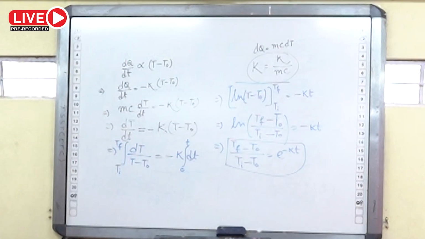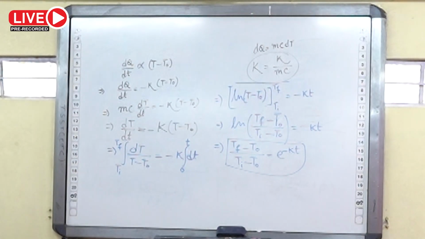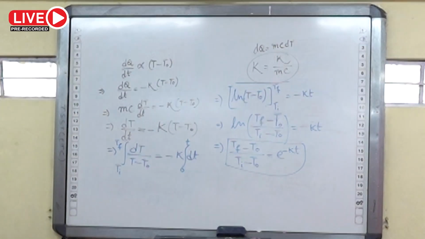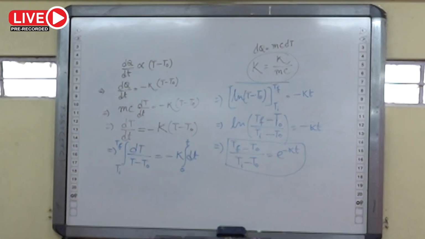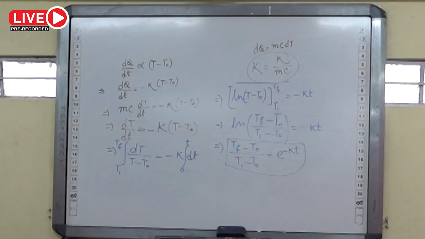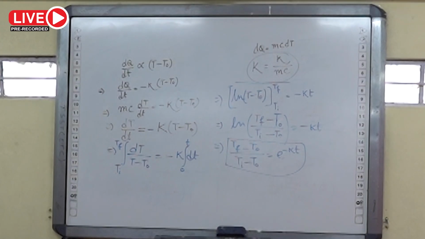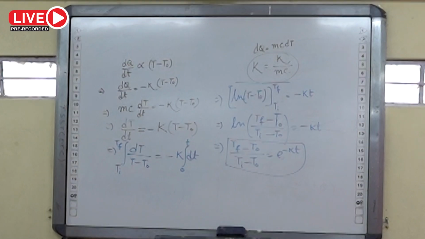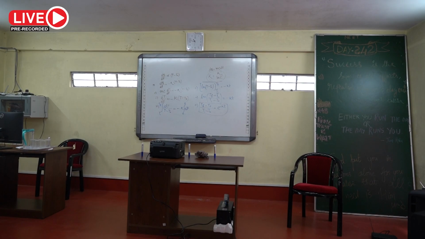So what will be its final temperature after a very long time? Not 10 seconds, not 20 seconds, after a very long time, what will be the temperature of the radiating body, where the surrounding temperature is T naught and the initial temperature Ti is higher than that?